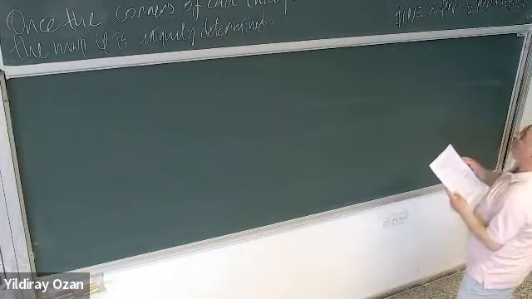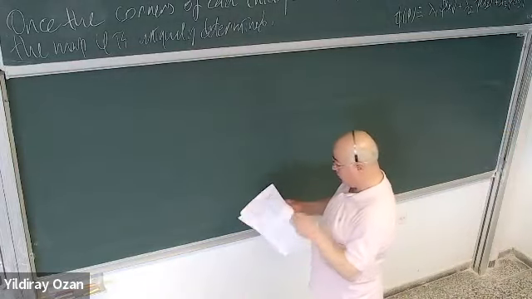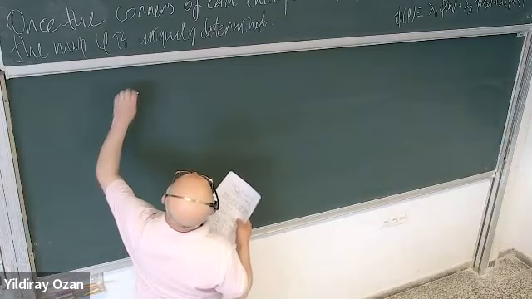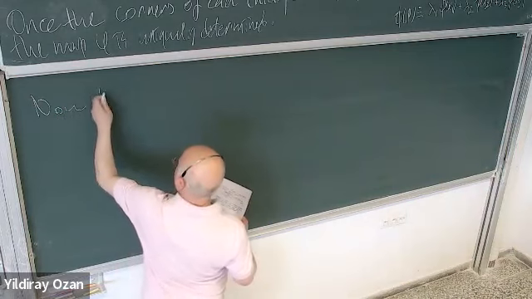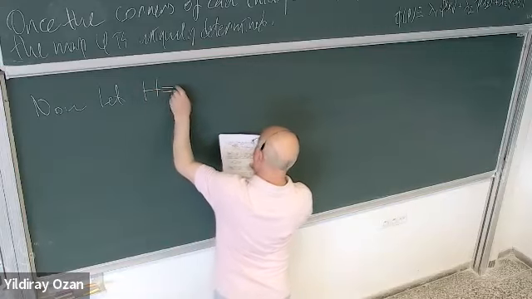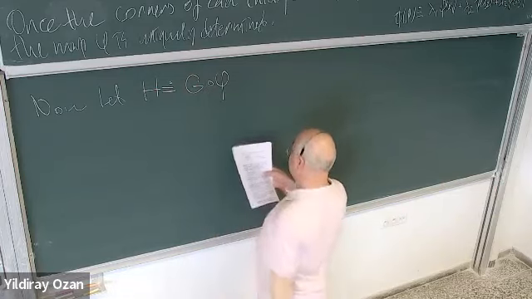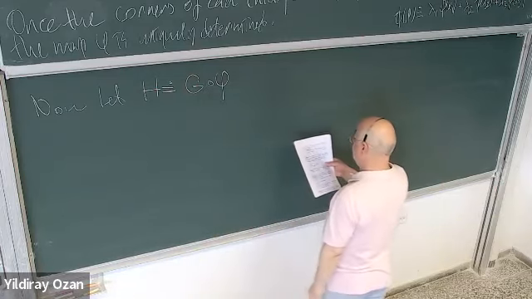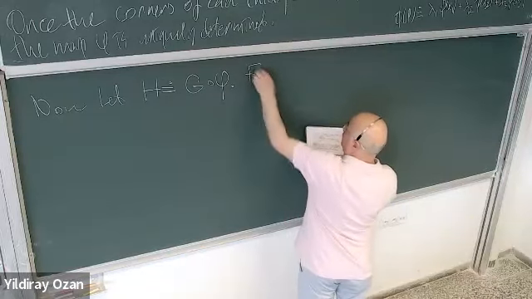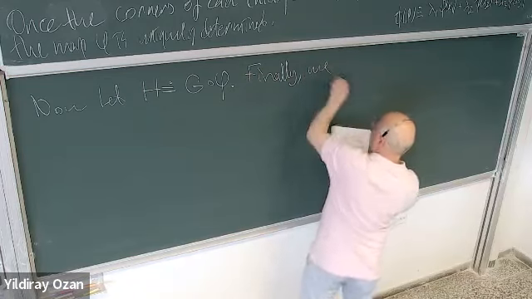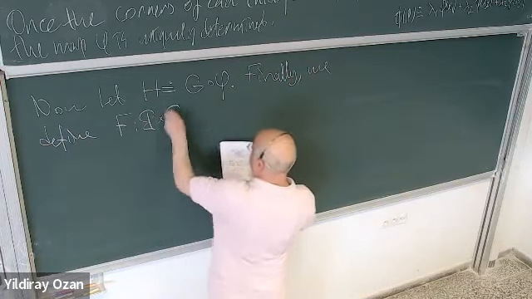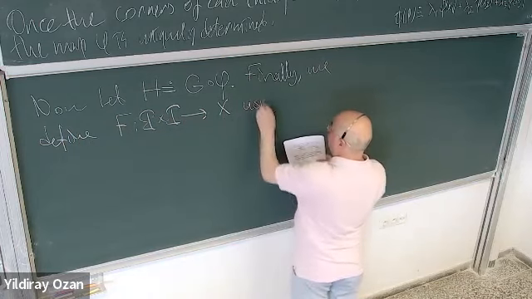So this map is a homeomorphism. Okay, this map is a homeomorphism, and now you just let H be this homotopy composed with this homeomorphism, and finally we define the required homotopy F using the diagram below.